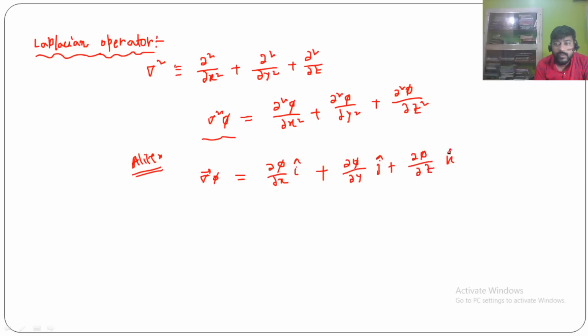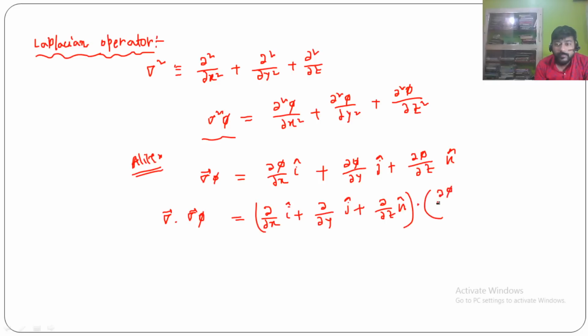Now if you take the dot product of the del operator, that is the divergence, with grad phi, you have del x i cap plus del y j cap plus del z k cap, dot product with del phi del x i cap plus del phi del y j cap plus del phi del z k cap.